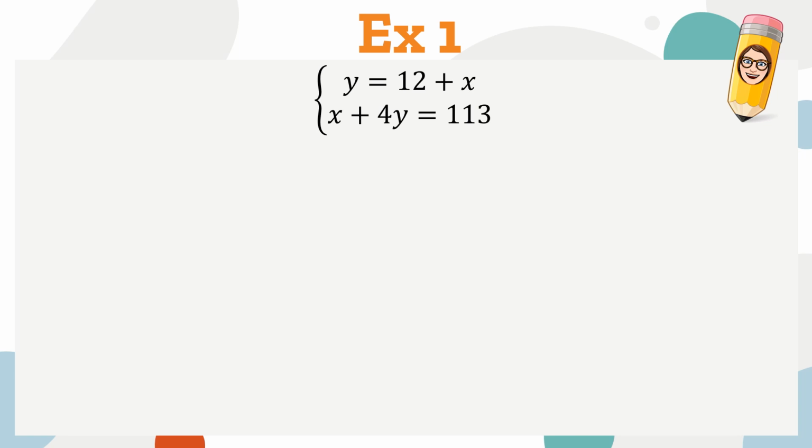So let's take a look at this first example. The second equation is perfectly lined up. You see how we have x, y equals number? So we need to take the first equation. If you'll notice, we've got the y equals a number, but the x is on the wrong side. So how do I kick it to the other side? We have to subtract x from both sides.